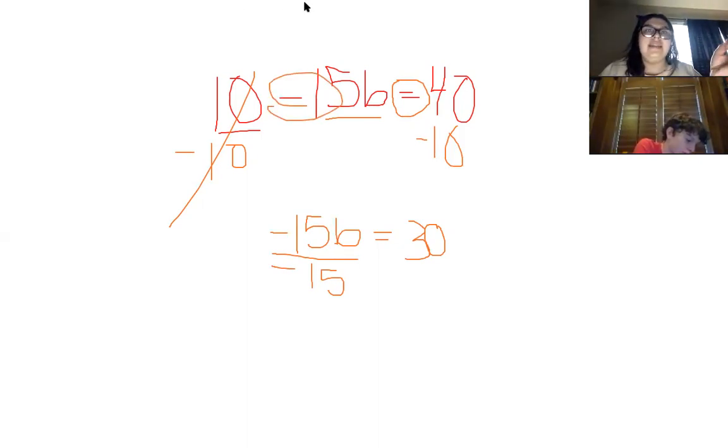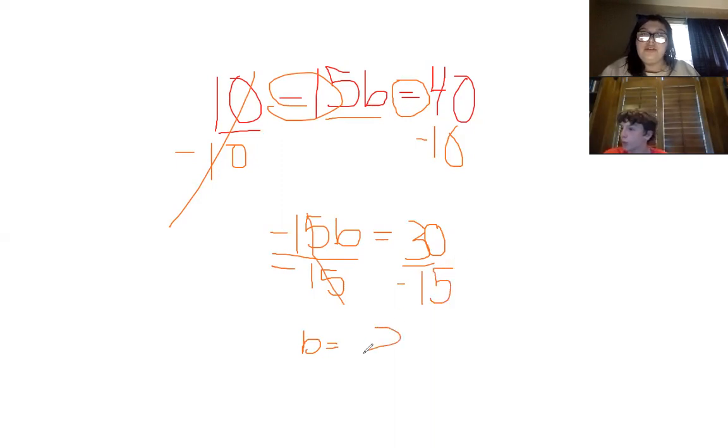With that negative sign there, we are able to divide on both sides and get B equals, and because this cancels, 30 divided by 15 is 2, and they have two different signs. That 30 is still positive and that 15 is still negative, so different signs, that means it's negative. So that is the first one that we had some issues with.